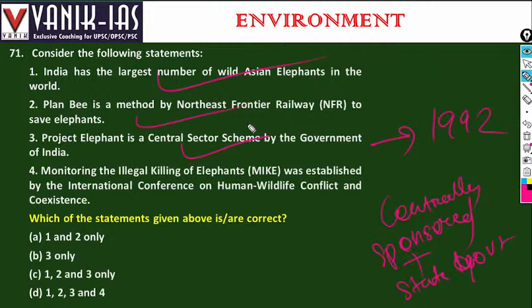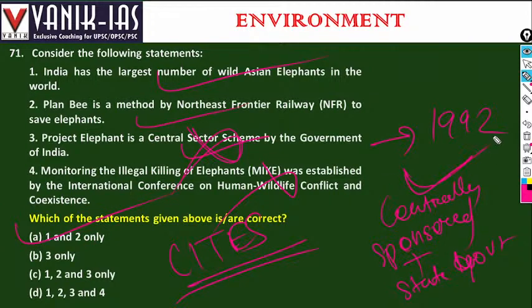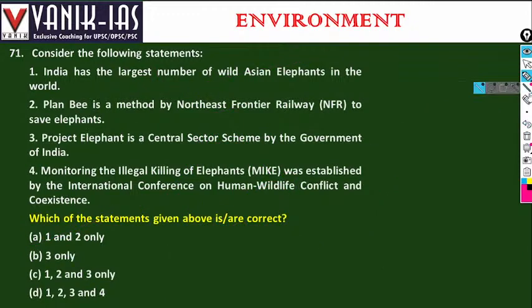How is MIKE established? No, it is CITES. The organization CITES started this MIKE program. So this is wrong. This is also wrong. It's a centrally sponsored scheme. So 1 and 2 only are the answers regarding wild elephants.